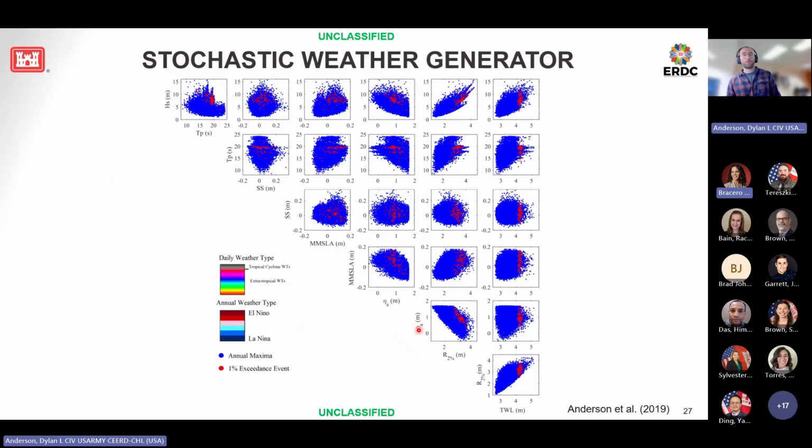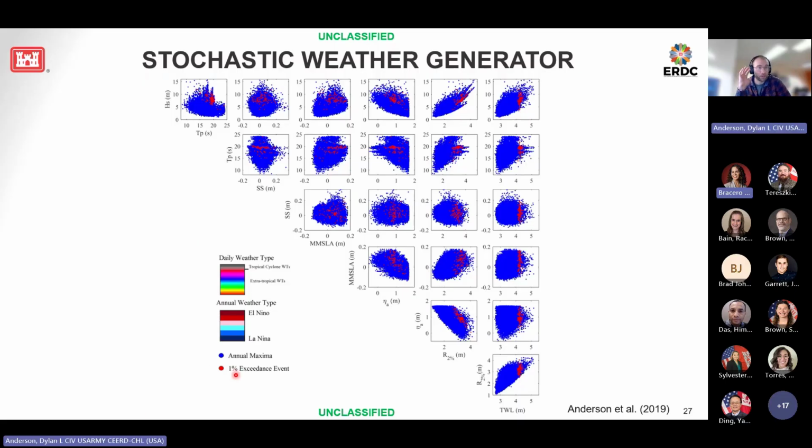If I take all of the different variables, so wave height, period, storm surge, monthly mean sea level anomalies, tide, and run up, and I plot, now in this case, 100 different 500 year time series, I've got annual maxima plucked off of every single one of those synthetic time series, creating these large blobs of possible annual maximum events.